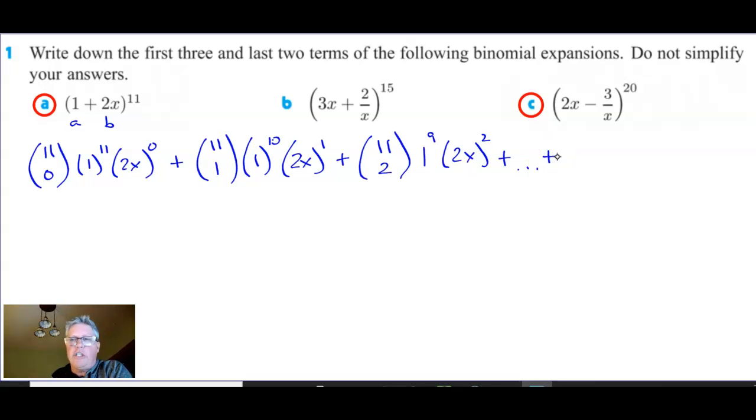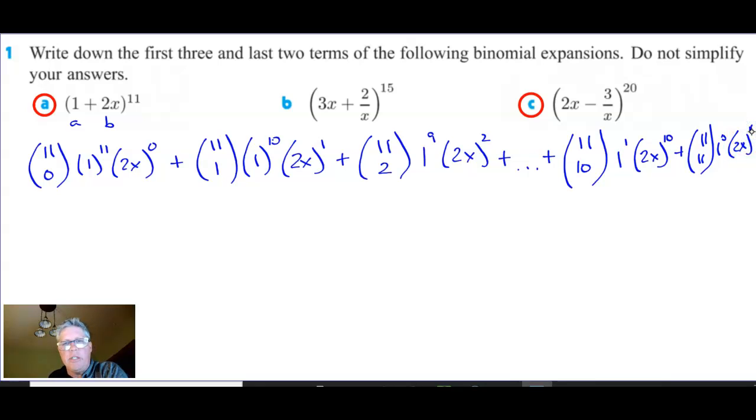All right, the last 2. So it's going to be 11 choose 10, 1 to the first, 2x to the 10th. And then 11 choose 11, 1 to the 0, 2x to the 11th.